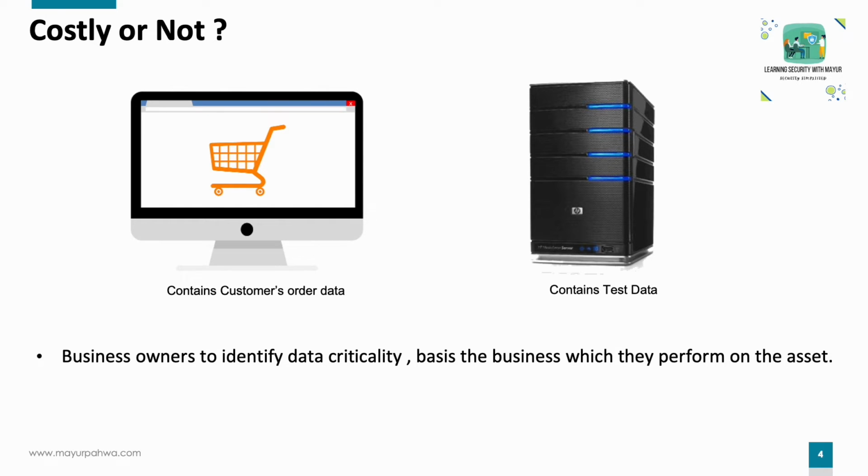The business owner can detail the criticality of the information and its importance in terms of the revenue it generates. Say, for example, a web server that holds a customer's order details is quite critical in comparison to a server that holds dummy data for testing purposes.